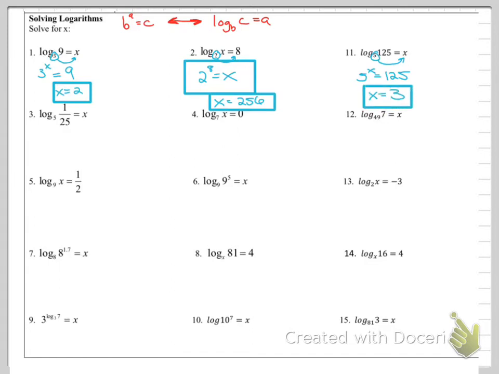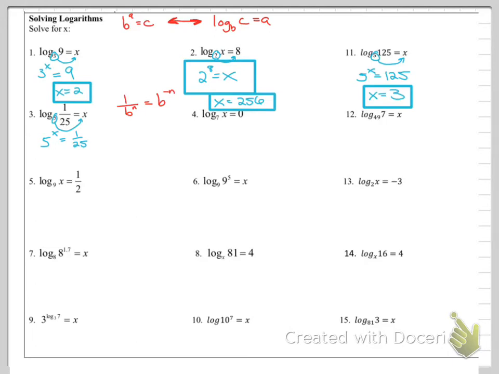Okay, let's follow the way the numbers are written now. So number 3, rewrite it. 5 to what power equals 1 over 25? Here's the thing you need to remember from reviewing exponents. If you have 1 over b to the nth power, that's the same thing as b to the negative nth power.